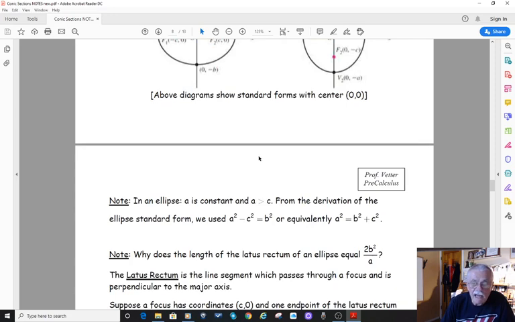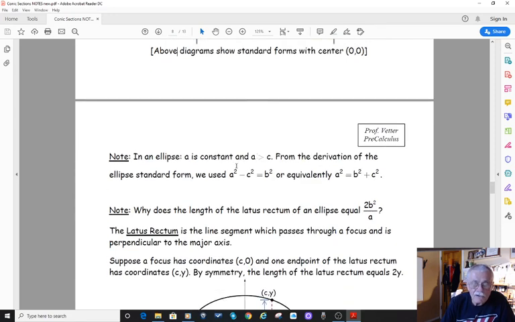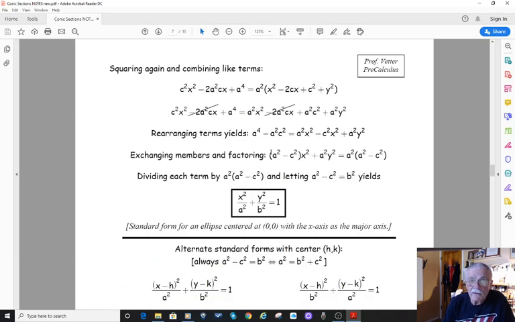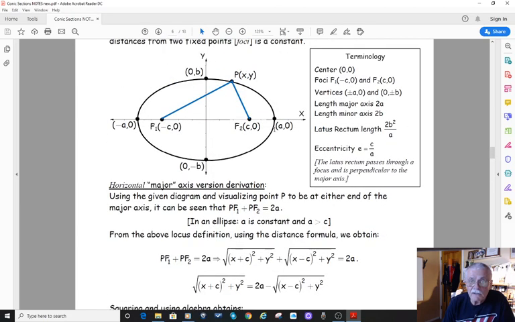Now, a couple little items here. Notice, a couple of notes here. In an ellipse, a is constant, right? Because 2a is the length of the major axis, regardless whether it's vertical or horizontal, the 2a goes with the length of the major axis. And a is greater than c, because as we saw, a is further out. Let's go back here again and look at that.